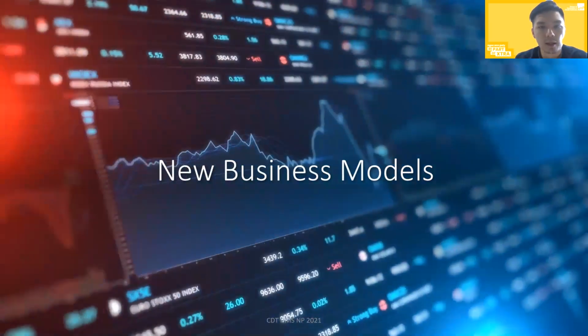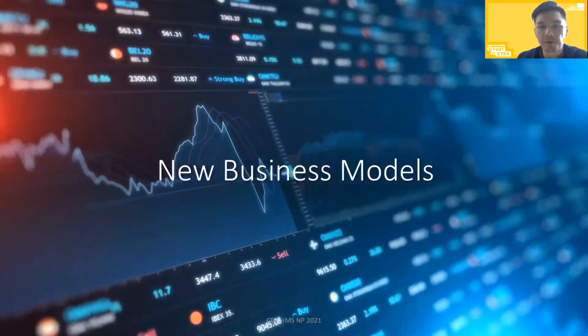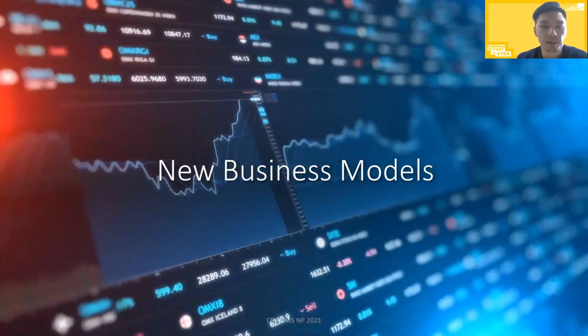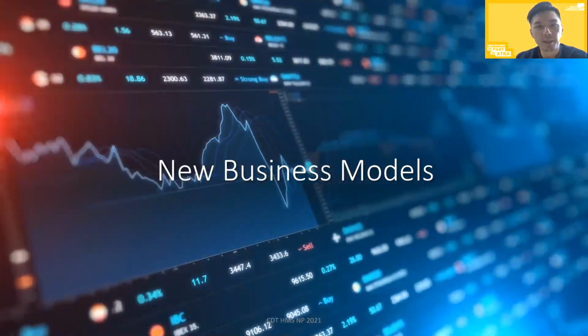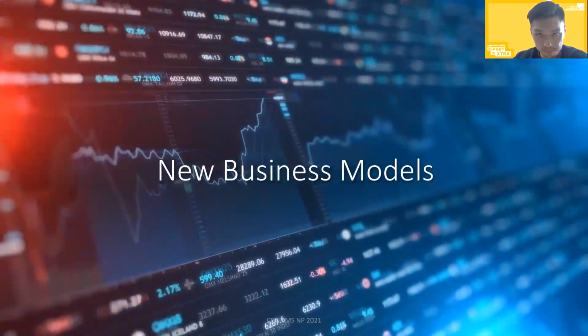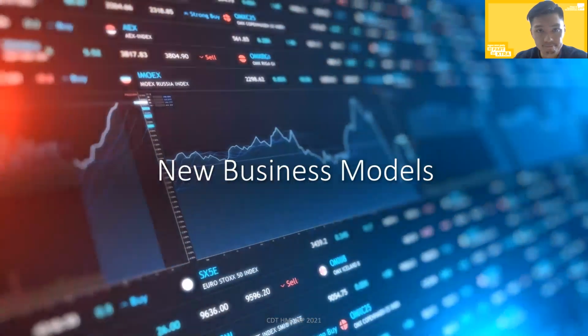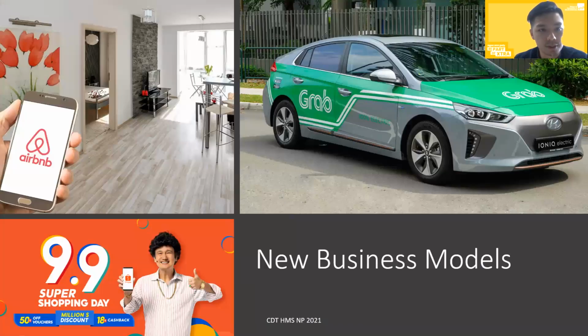Next, it's not always about creating new tech or new products, but even just conducting business in a new format is also considered an innovation. Let's look at some of these examples, which I think we are all quite familiar with. Airbnb is a disruptive way of doing business, a new way where you no longer have to rely on just hotels for accommodation when you go overseas.